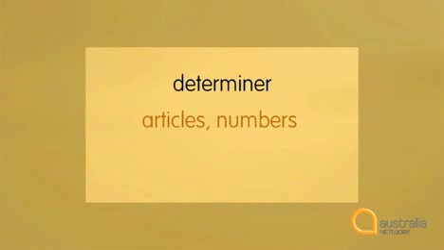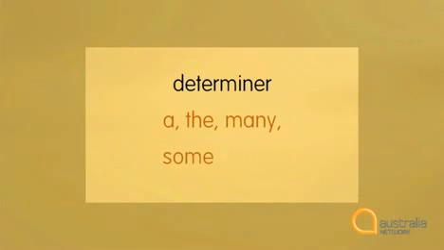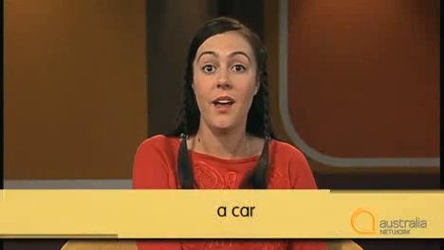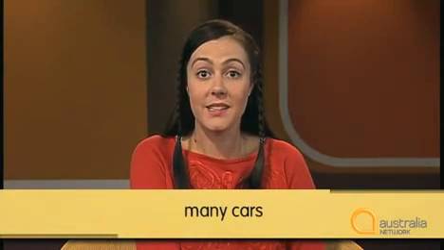Numbers, or a word that describes the amount of something. It can also be the owner, the person or thing who the noun belongs to. So determiners can be a, the, many, some, or a name like John's. So we can have a car, many cars, John's car.